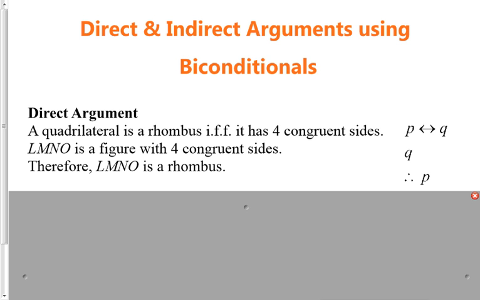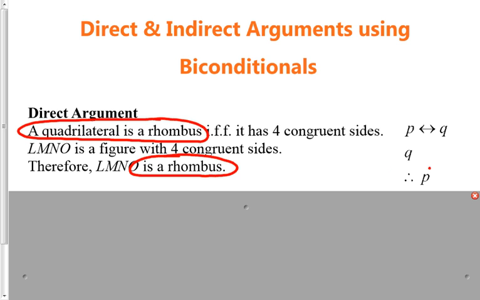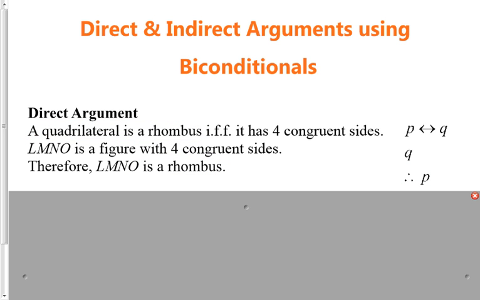Now our second statement says LMNO is a figure with 4 congruent sides. Well, remember, we said that statement Q was it has 4 congruent sides. So if LMNO has 4 congruent sides, then that is statement Q. Finally, therefore, LMNO is a rhombus. Well, we stated that this was P, and LMNO is a rhombus, therefore P. Remember that the direct argument with a biconditional statement can work both directions.